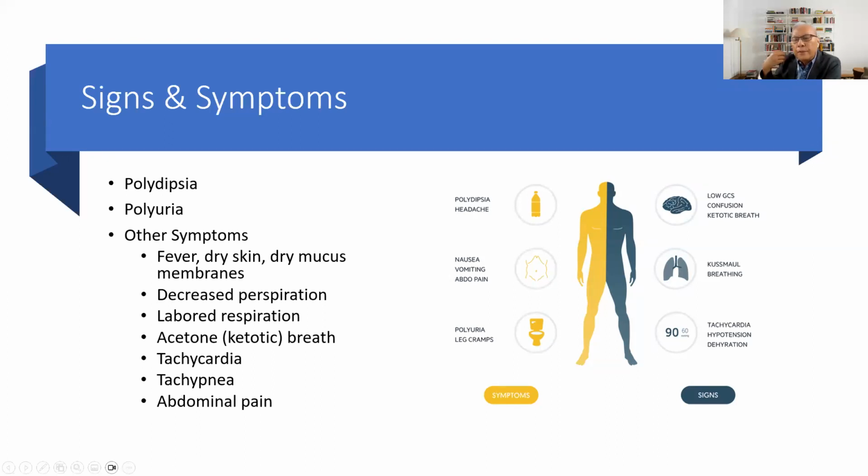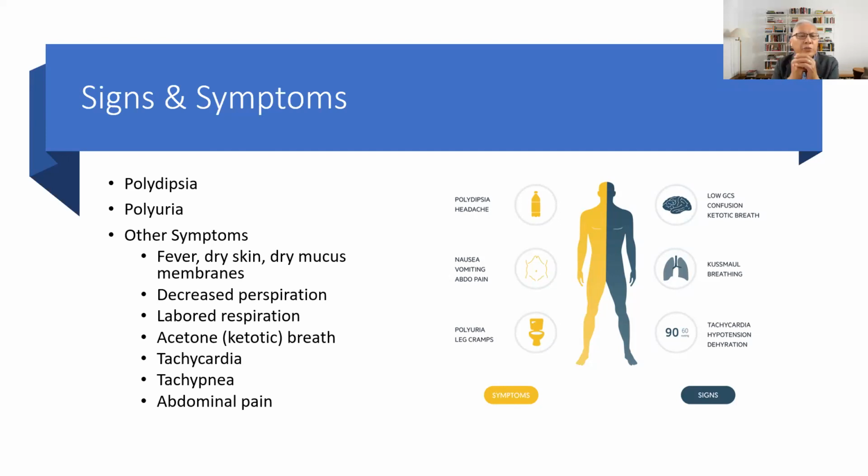So the breath usually is going to have this sweet odor to it. It's almost like an acetone type of odor. And so we describe that as a ketone breath or an acetone breath.